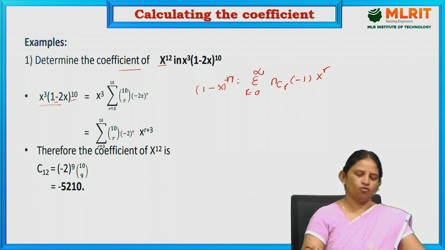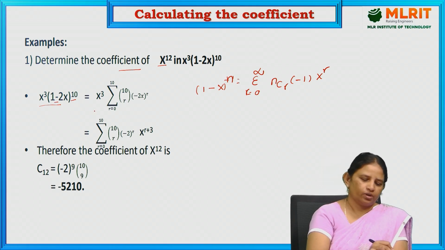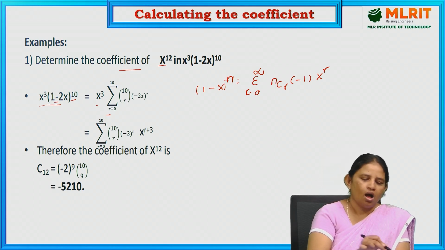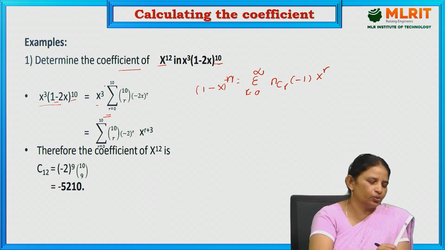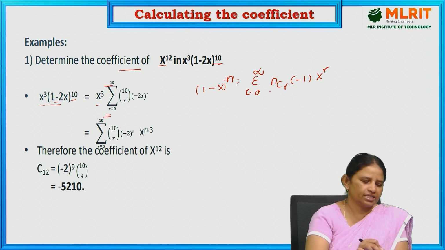This is the formula. So, x^3, write separately, sigma. How many powers are there? That is 10. Sigma r equal to 0 to 10, and 10Cr, that means n value is 10. It is written like this.